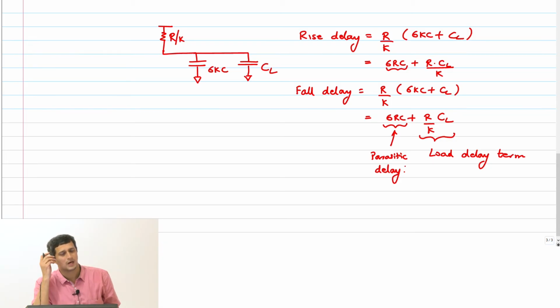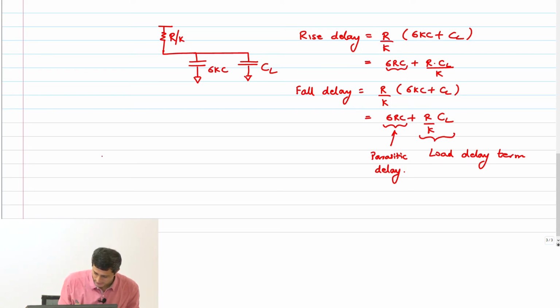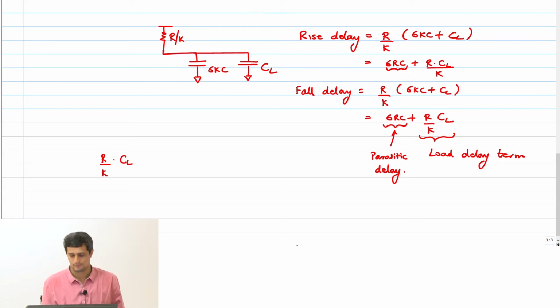Okay, but it's not that we are done with the delay partition. We can partition this even further and get many more insights into the delay of a logic gate in general. So let us look at this term, R by k into CL. What is k?